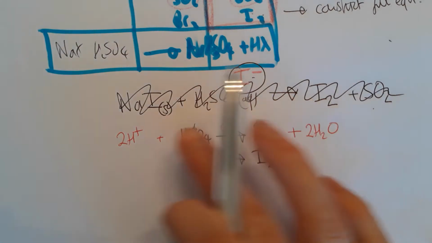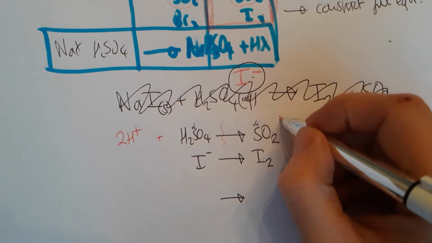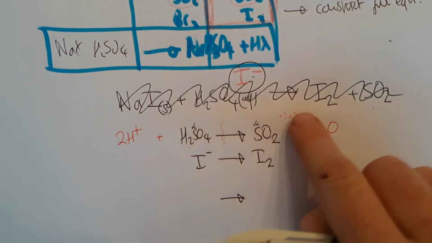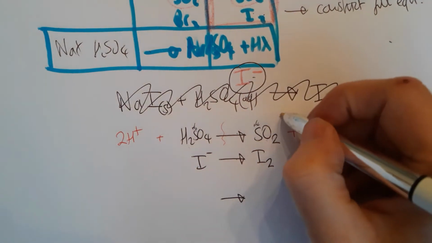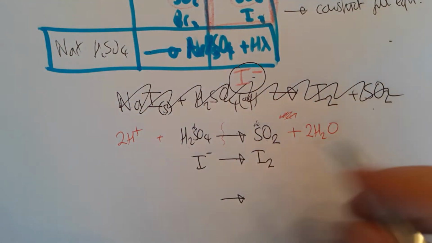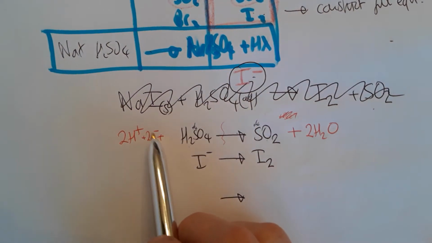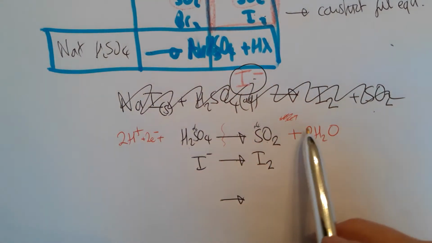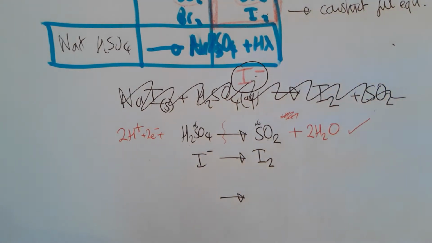So I need to add electrons to one side to make them equal. Now if I add 2 electrons onto this side would be 2 minus and this would be 2 plus. That's not the same. Alright, 2 minus and 2 plus are not the same. But if I add 2 electrons onto this side, I've got 2 pluses and 2 minuses which cancel each other out. So that's 0 charge on this side, 0 charge on this side. That half equation is done.